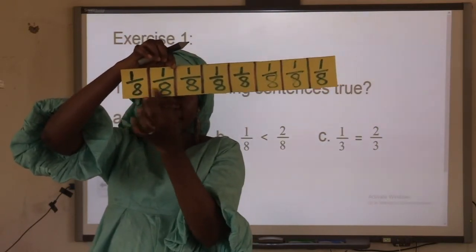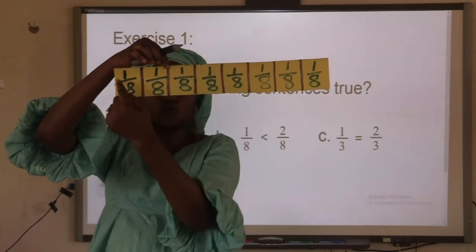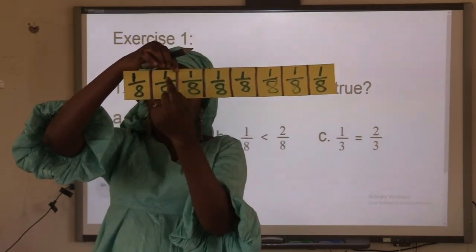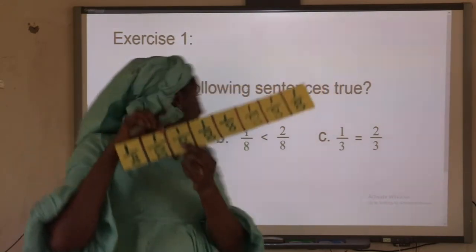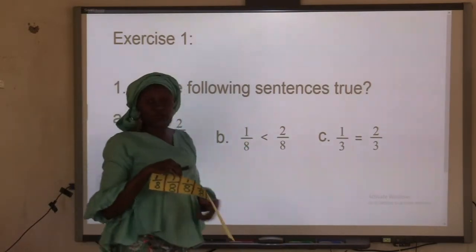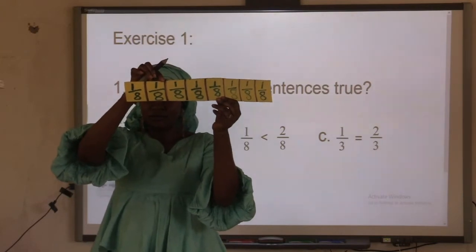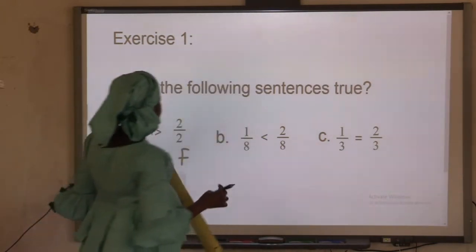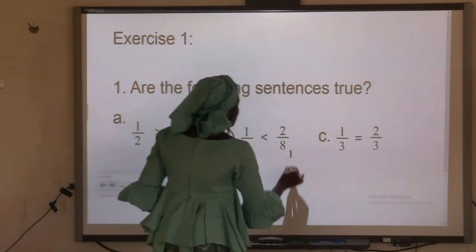The denominators are the same, so we add the numerators, that is 1 plus 1, which will give you 2, which is 2/8. So it says 1/8 is less than 2/8. Is it true? Yes, it is. B is true.